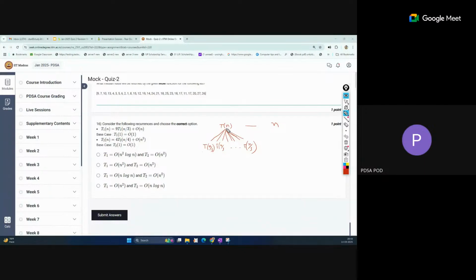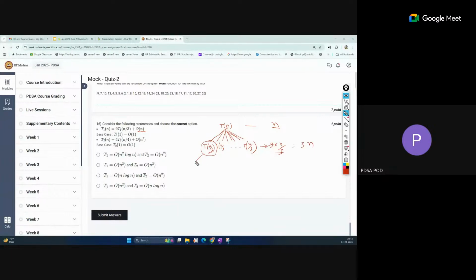If we pass n input, additional steps required are n. If we pass n by 3, then n by 3 steps are required. So n by 3 into 9 times. Each call will take n by 3 as an additional step, the second call will also take this. So at this level, 9 into n by 3 steps are required. So this will become 3n.